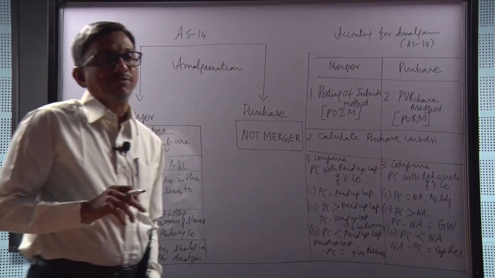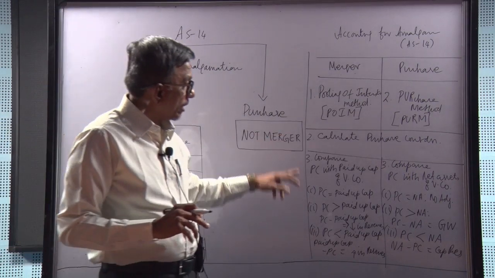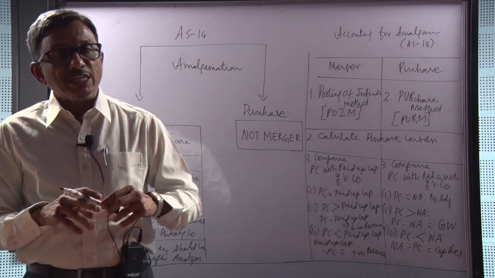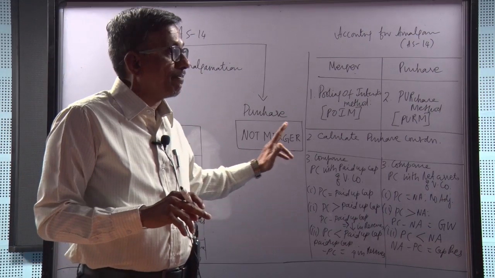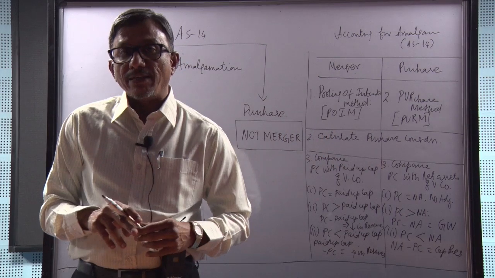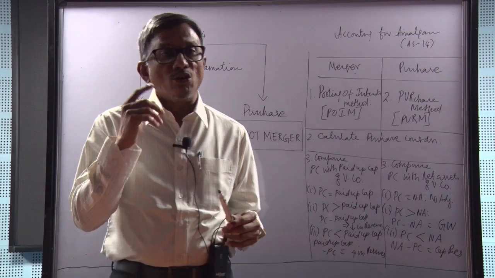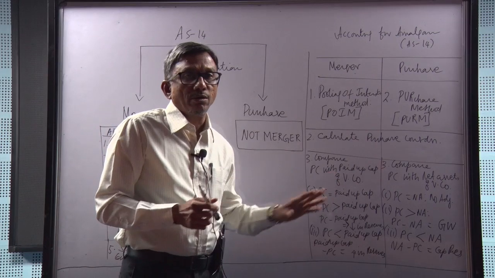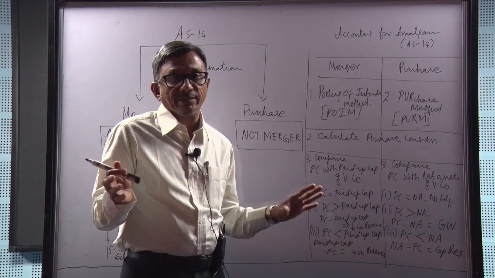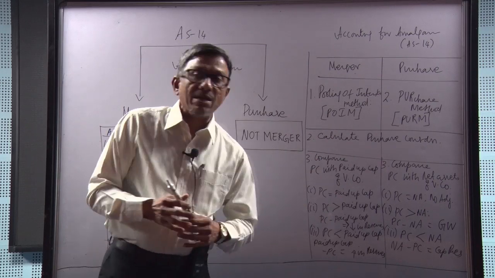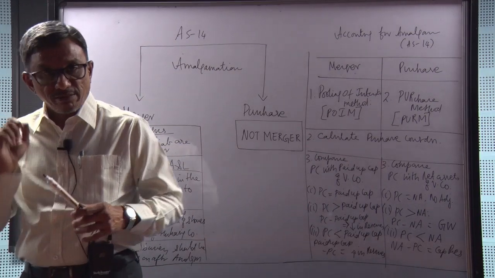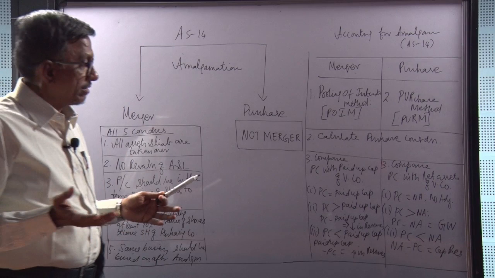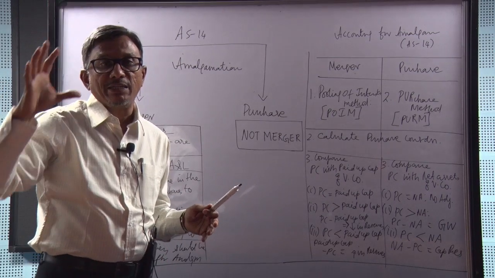Therefore, let us make it very clear. In the case of merger, the difference between the consideration and paid up capital will be adjusted in reserves. Either reserves may reduce or reserves may increase. Whereas if there is no difference at all, reserves also will not be altered. Whereas if it is amalgamation in the nature of purchase, if there is no difference, you simply record the assets and liabilities taken over.